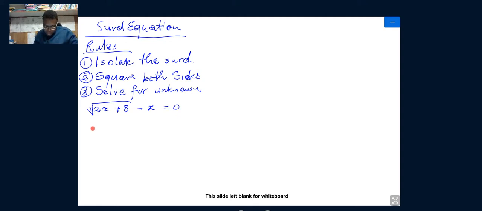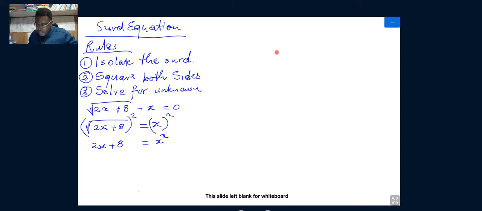I'll keep it on the left side. I'm going to have x this side. Step number 2, I square. I'll find 2x plus 8 is equals to x squared.